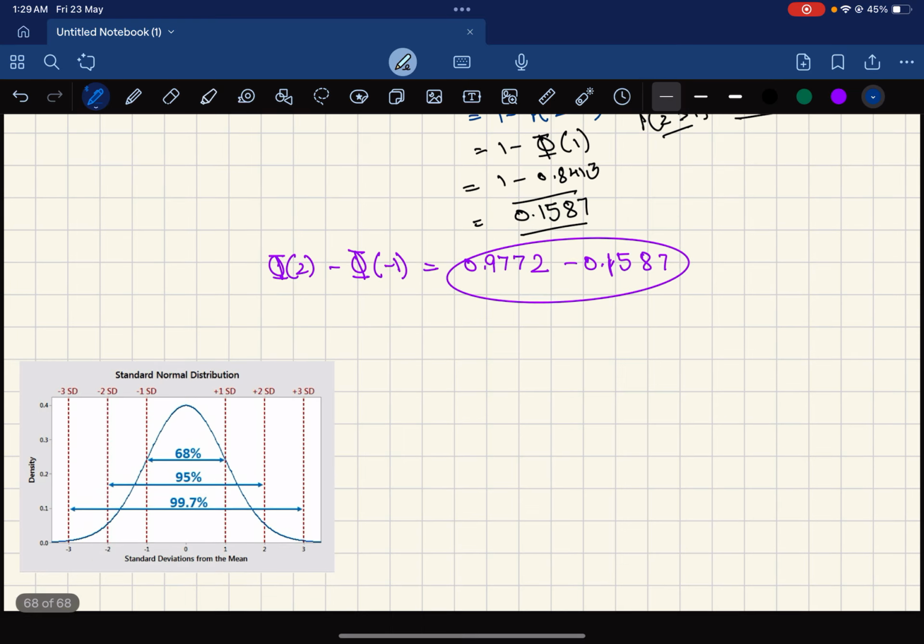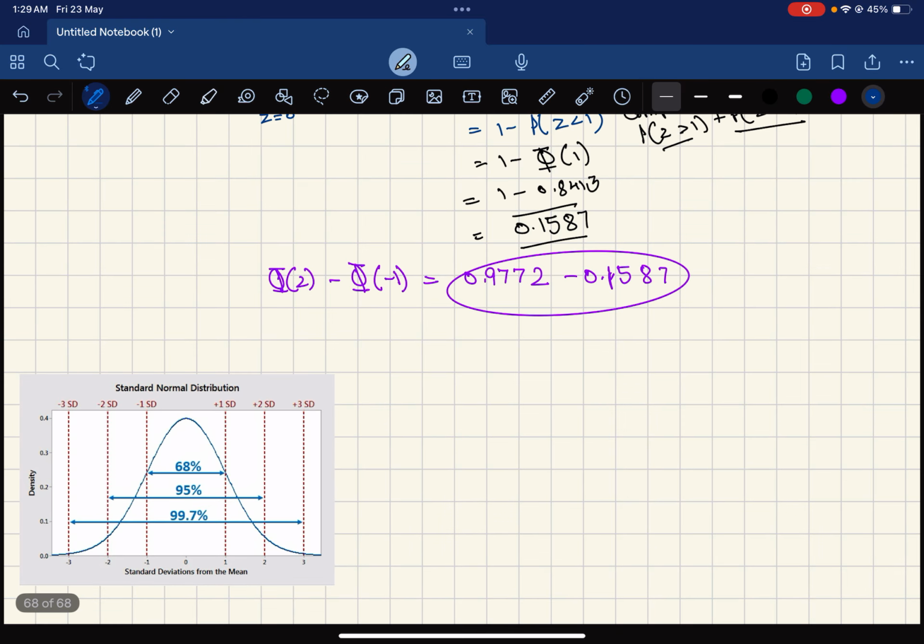Okay, so next we would be looking at a simple rule for normal distribution. It is called the empirical rule of normal distribution.